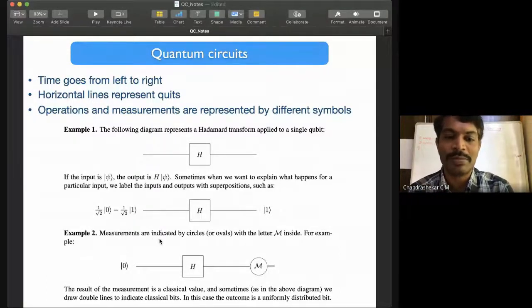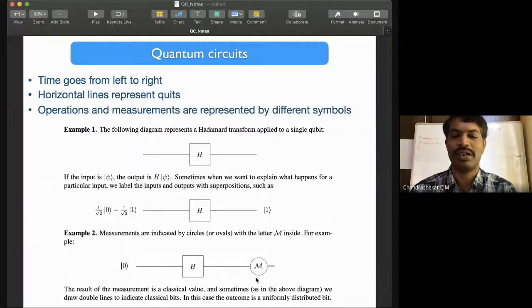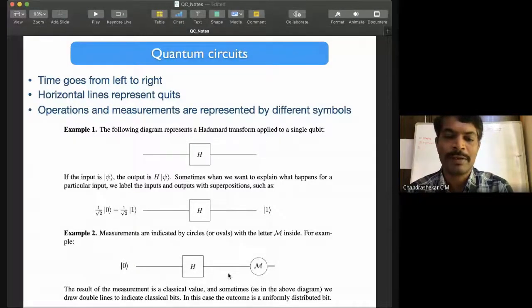Now measurements are indicated by circles or ovals, and some people also put it in a detector form. You have an input state, you have a Hadamard operator, and you make a measurement. The moment you make a measurement, going from the single line, which is a quantum channel, to a classical double-line representation, you have no way to go back and recover state 1.